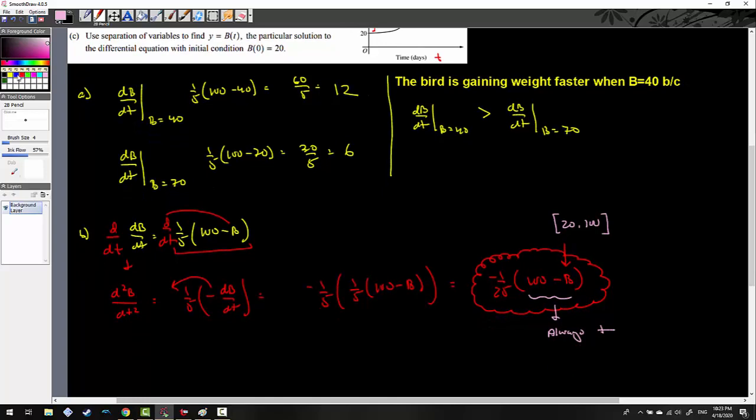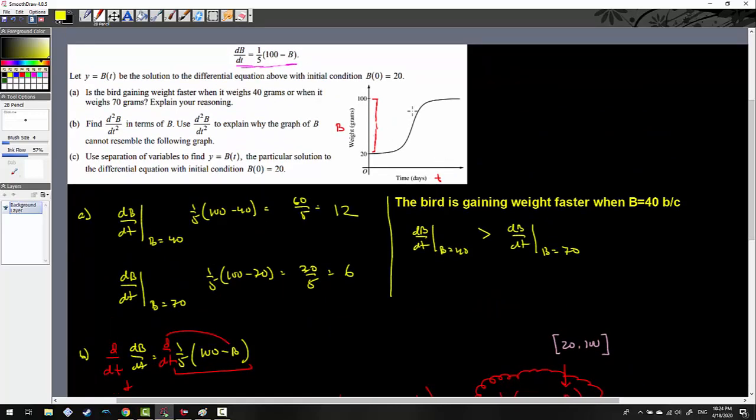But what does that mean for the piece in its entirety? Well, if I have a negative times something always positive, that means that I'm always negative. In other words, my second derivative is always negative, which means B is always concave down.